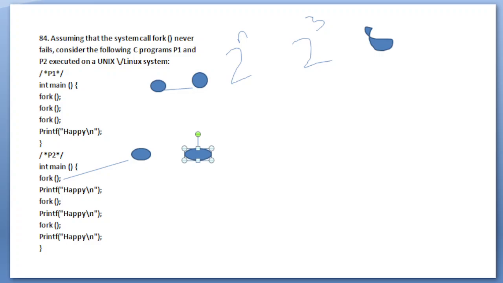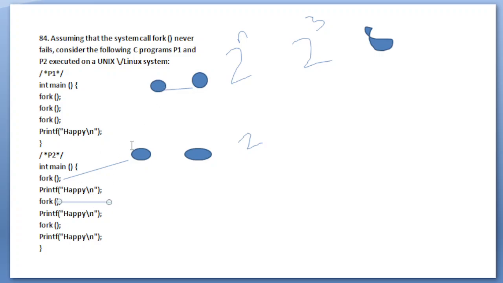But in the case of the second print, happy will be printed 2 times here. Next, what will happen at the next fork call? Here one fork is there.